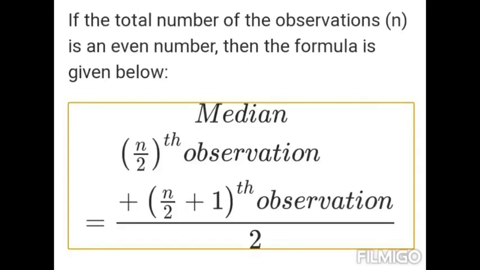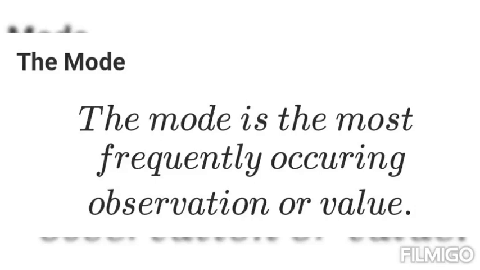If n is an even number, then the formula is (n upon 2th observation plus n upon 2 plus 1th observation) whole upon 2. Next topic is mode. The mode is the most frequently occurring observation or value.